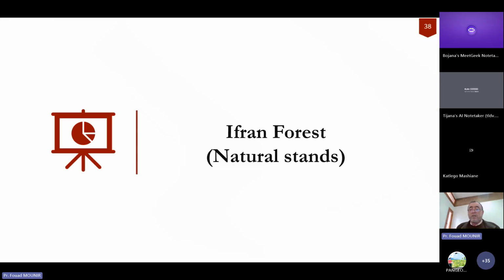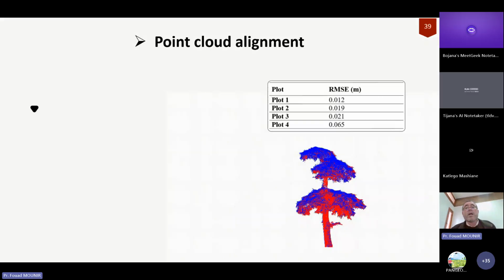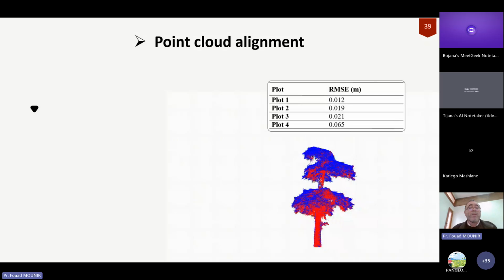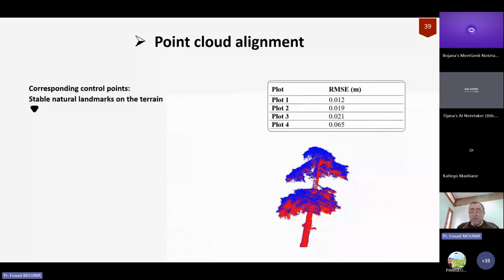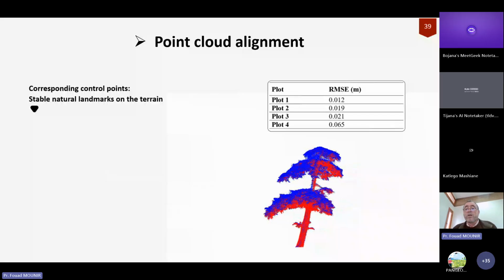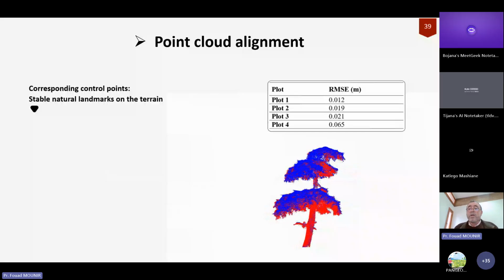Concerning Ifrane forest, mainly natural stands, we did the point cloud alignment based mainly on the stable natural markers on the field, on the terrain. As I told you, we used here 4 plots, 1, 2, 3, and 4, and you saw here the ERMS is very high.